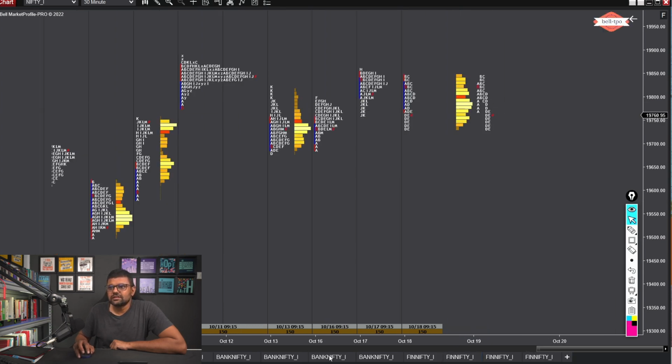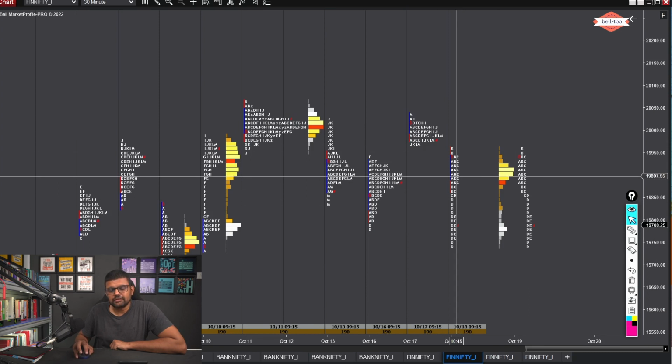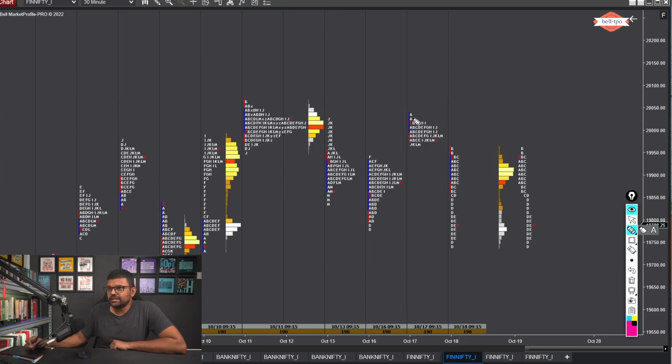So why was I saying that? Because if this is the value area, what it tells me is buyers equal to sellers. Now the market gaps down and it forms a stem and tries to recover back up, goes even above a period high. So we have IB range extension to the upside. All this is telling me what?